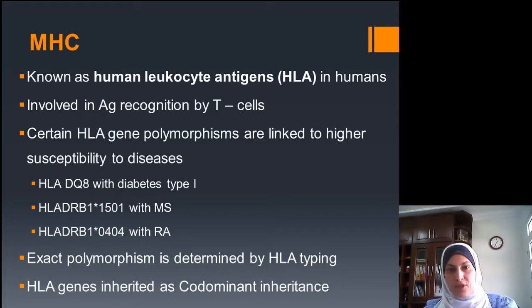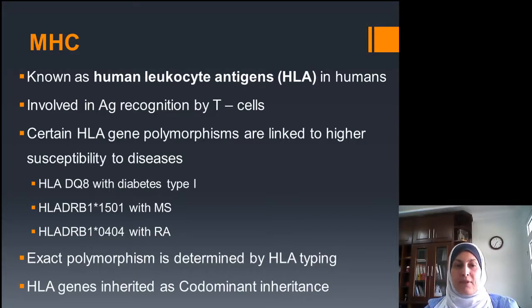So MHC, remember, is the major histocompatibility complex, and when we refer to that, we refer to the molecule or the genes responsible for producing molecules on the surface of the cells in all species. If we are dealing with humans only, as we are going to do for the rest of this course, we call it HLA. So HLA is the human version of the MHC molecule.